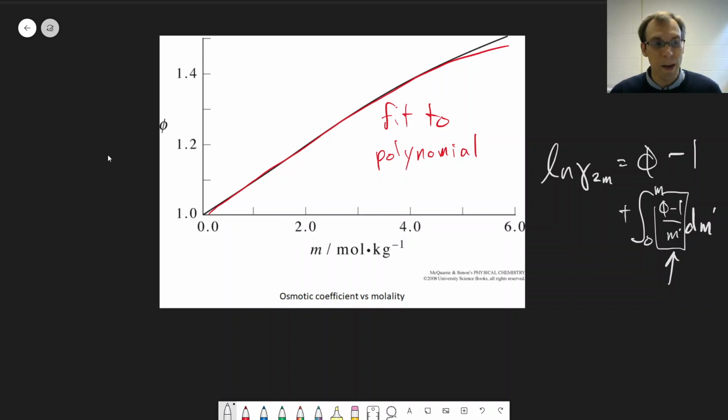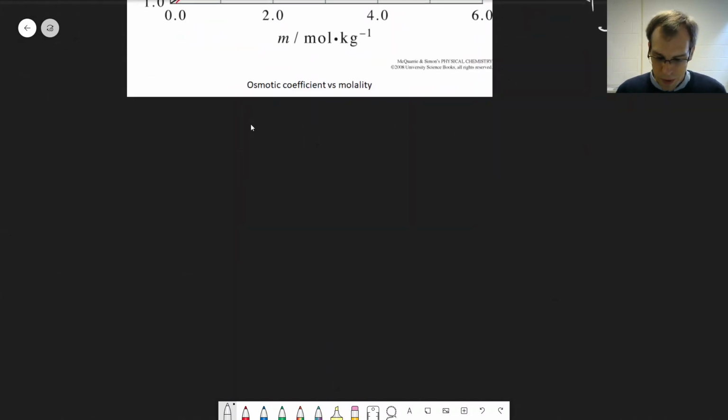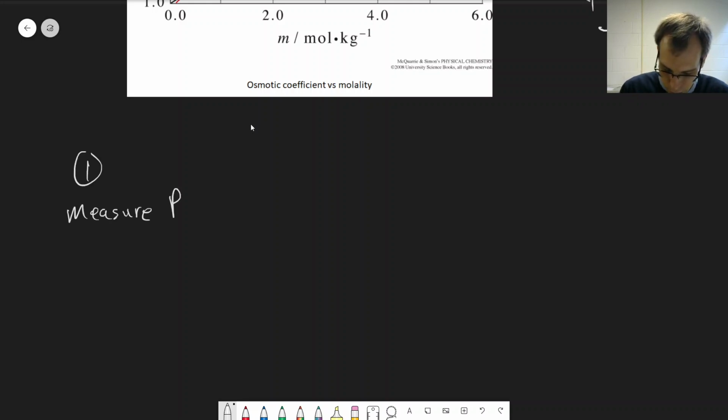So, step by step, how do we find the activity of the solute from all these equations? Practically, how do you do this? Step 1, you would measure the vapor pressure as a function of concentration. And remember, P1 is the vapor pressure of our solvent.